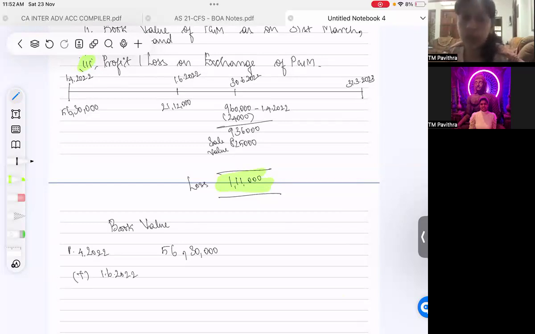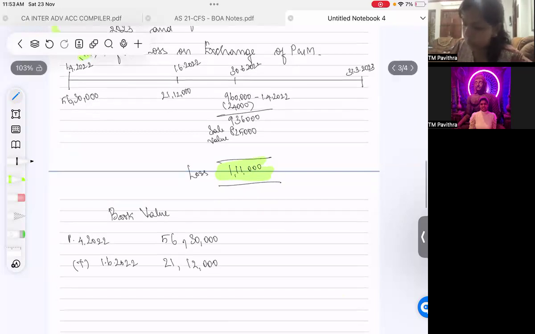This was not included in the value of machinery and it was erroneously included in the value of inventory. So we had 21,12,000. Moving on, we have also sold some machinery and we have also acquired some machinery. So what is the value of machinery that we have sold? As on 30/6/2022, we have sold machine worth rupees 9,60,000.